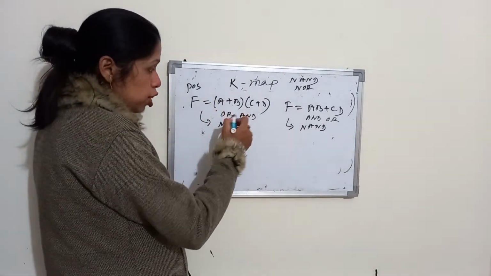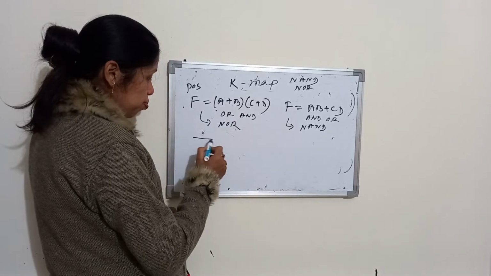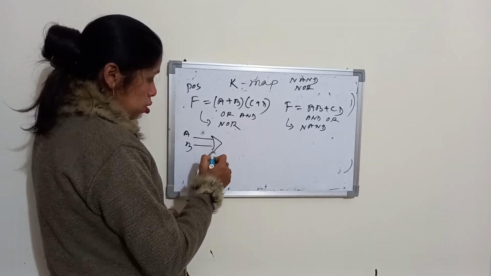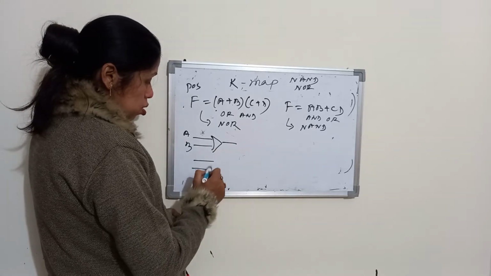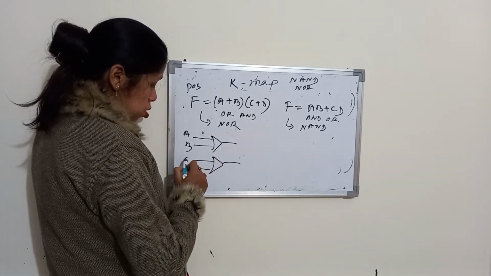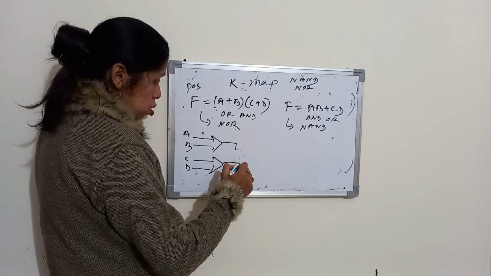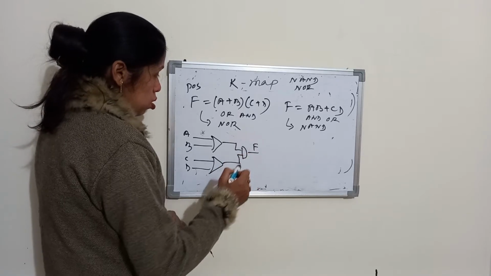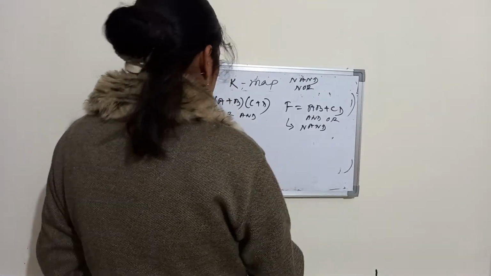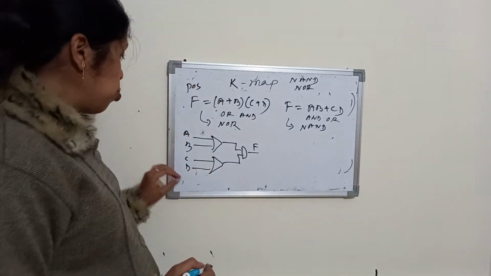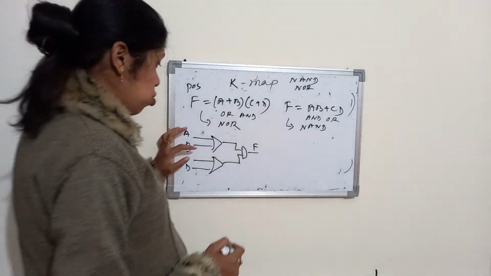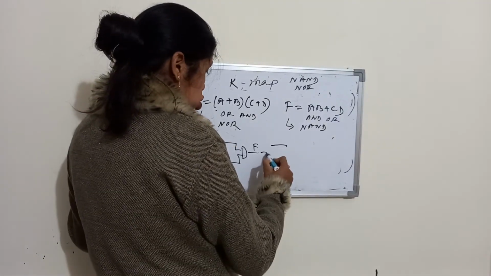First I am doing the basic gate implementation. Okay, now I have to replace all the basic gates with the NOR gate. Okay, so equivalent circuit.